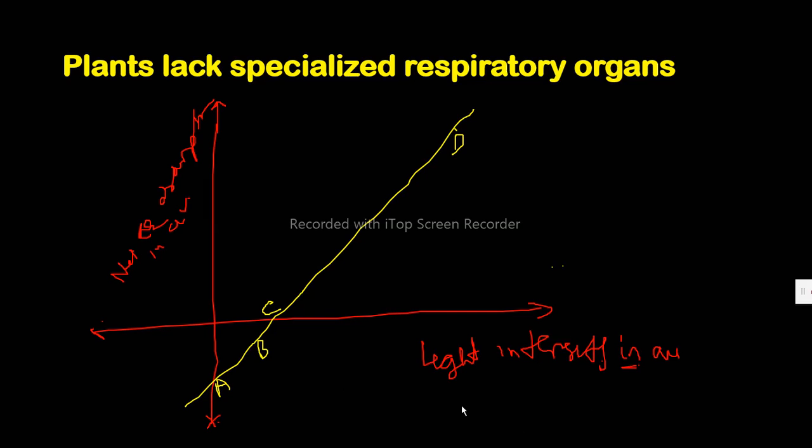C is correct. Why? Because at C, the net carbon dioxide absorption is 0. And so what does that imply? The carbon dioxide produced in respiration is used in photosynthesis, and it is enough.